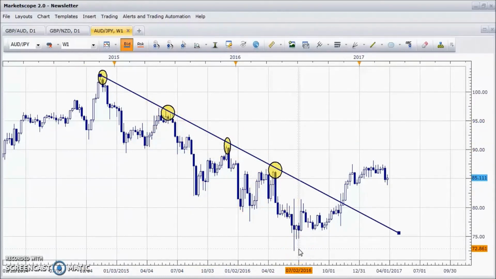So what we know that could happen is that this currency pair is more than likely going to wave in the opposite direction if indeed this currency pair is going to reverse in the next direction, or in the upward fashion.